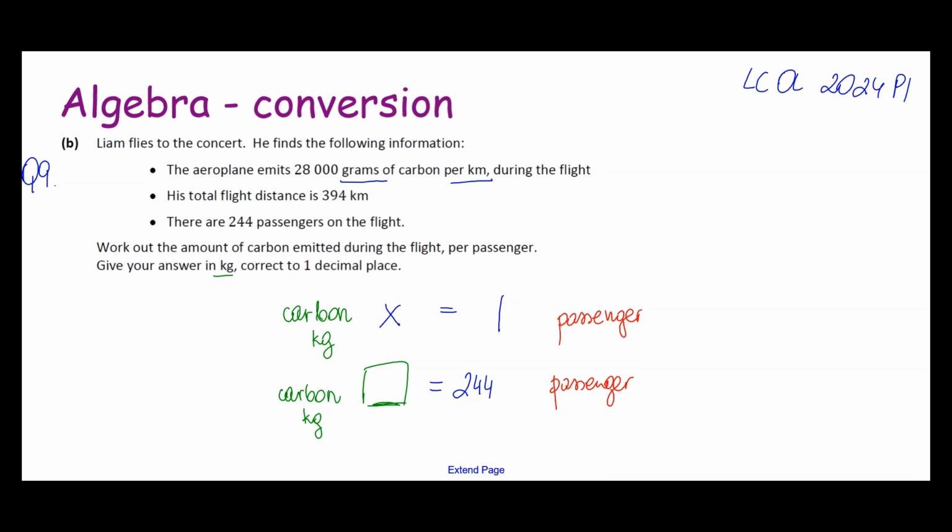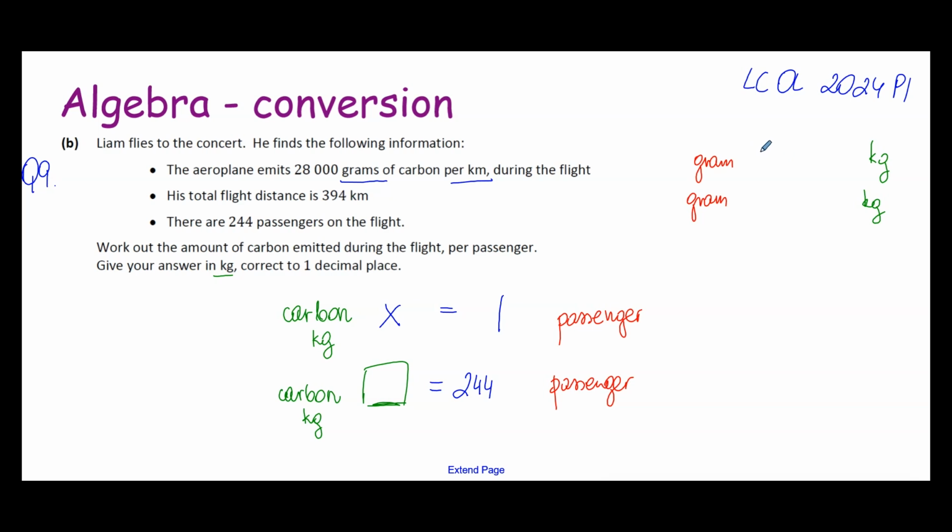First I'm looking at the fact that I have 28,000 grams and I need kilograms. So let's have a look at that conversion. On one side we have gram, and on the other side we have kilogram.